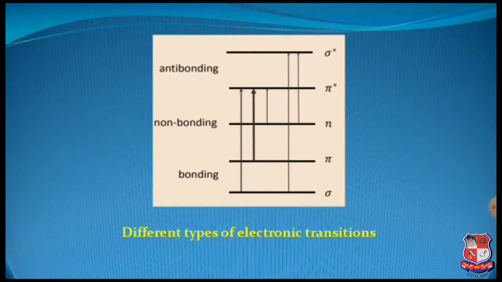And after this UV visible light interaction, what types of electronic transitions are possible? The ground state levels have sigma bonds and pi bonds. Beyond that, there is a non-bonding energy level, and after that we have excited states like sigma star and pi star.